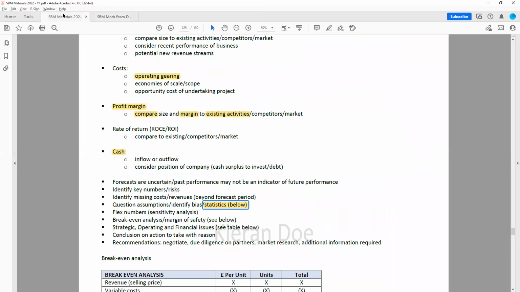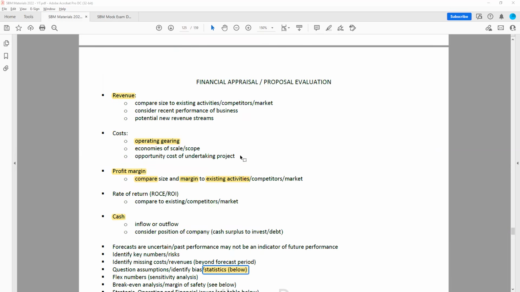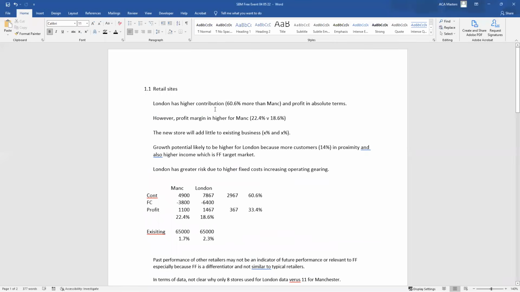So we've looked at the profits there, or looking at it as a percentage of the contribution. So again, I guess strictly that actually isn't a profit margin, so it's a percentage of the contribution.